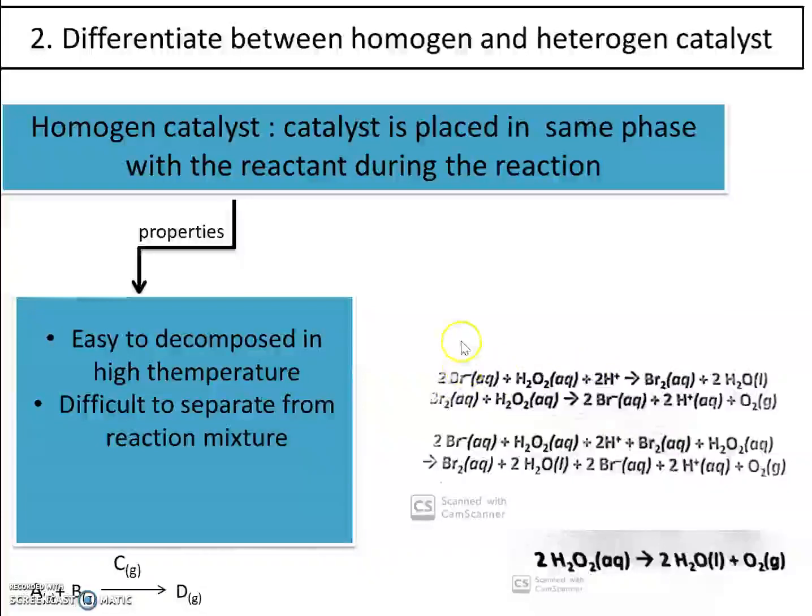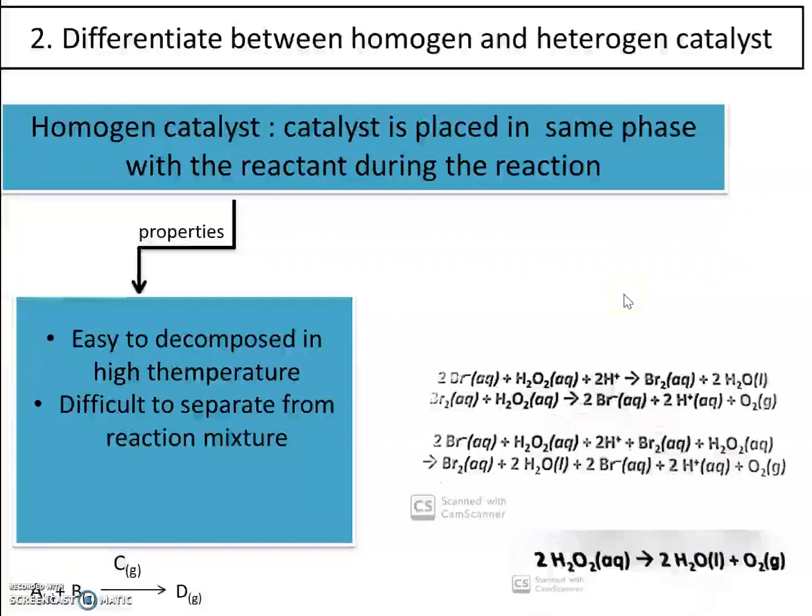The proof can be seen in the activation energy curve, where by using a catalyst, there are two forms. Jadi ada dua garis lengkung yang tidak terlalu tinggi, which is not really high.